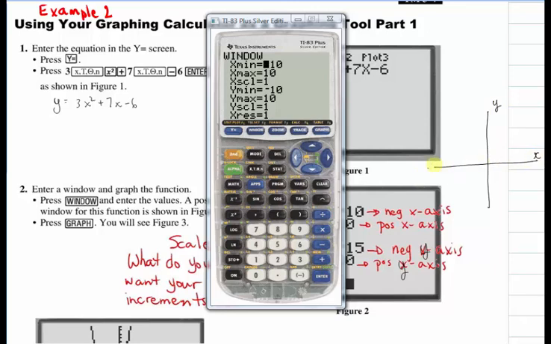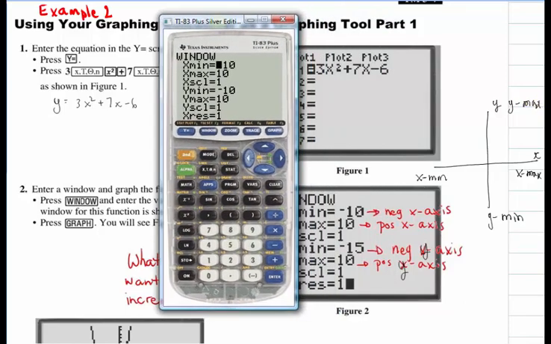On your x and y axis, your calculator is going to read to the left of 0 on the x-axis as x min, to the right of the origin on the x-axis as x max, below the origin on the y-axis as y min, and above the origin on the y-axis as y max.